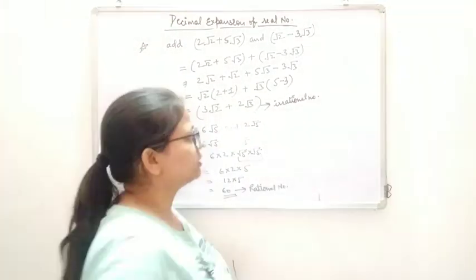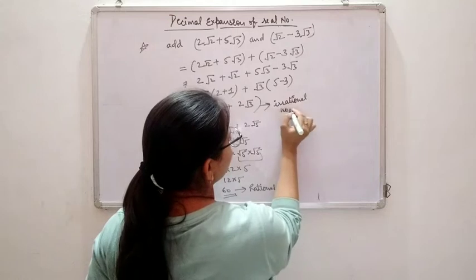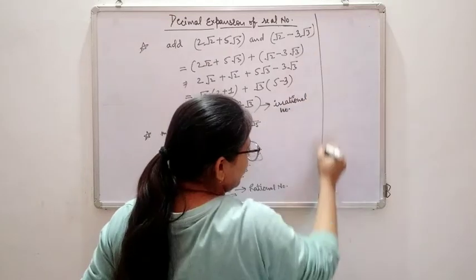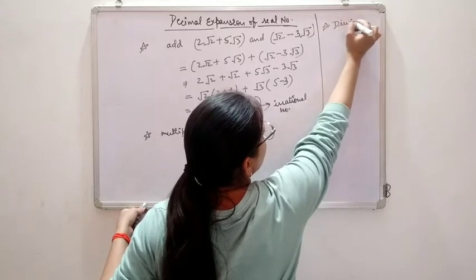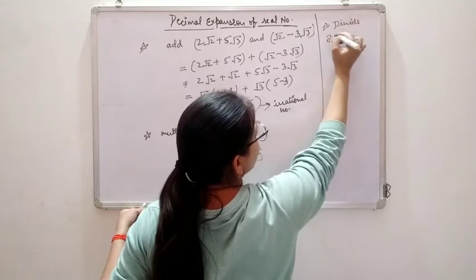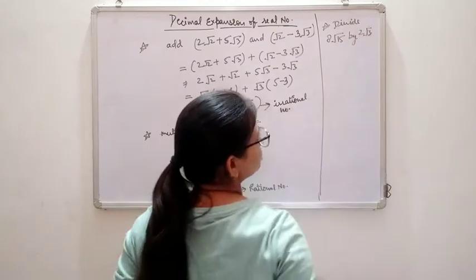Okay, so let's take another example. Try to divide 8 root 15 by 2 root 3, right?